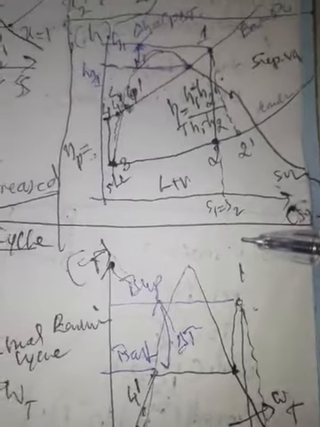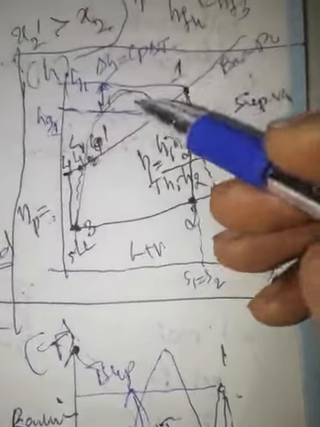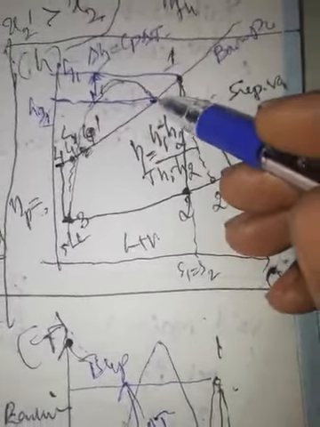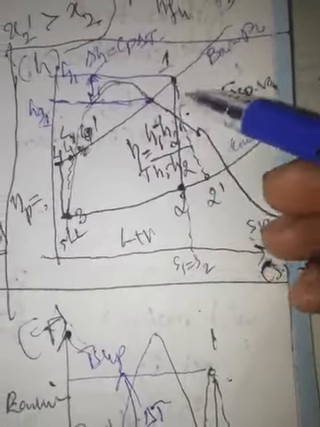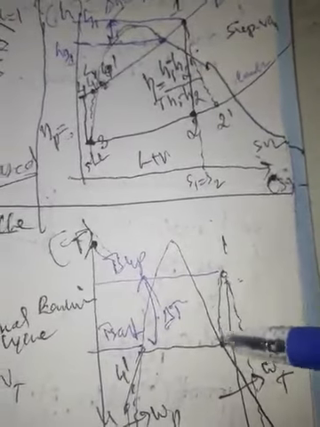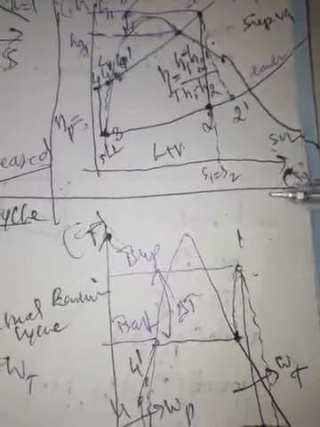So finally, that is the superheating, the quantity of heat supplied during superheating, during this process, T saturation to T superheat.